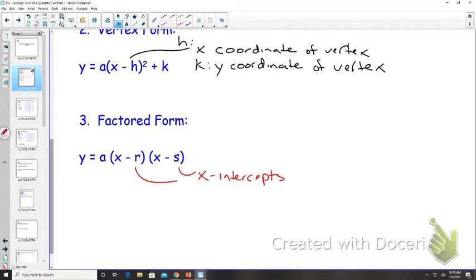To find our x-intercepts, we need to find conditions that will set y equal to 0. On our x-intercepts, y is always going to be 0.